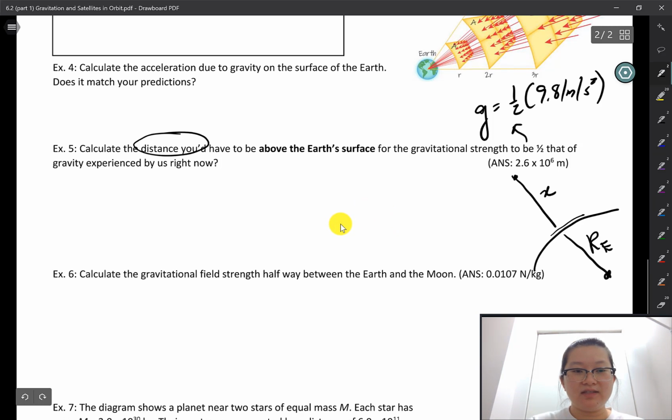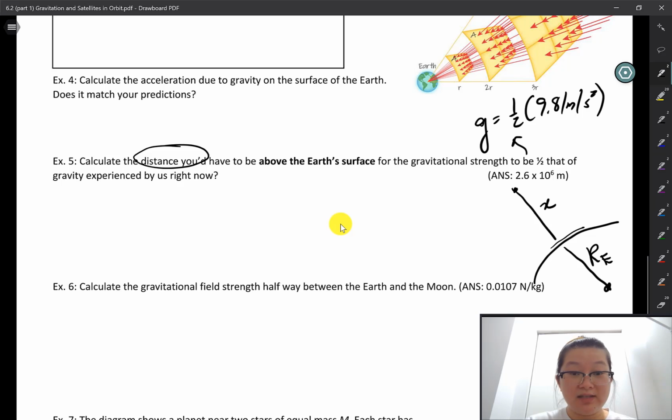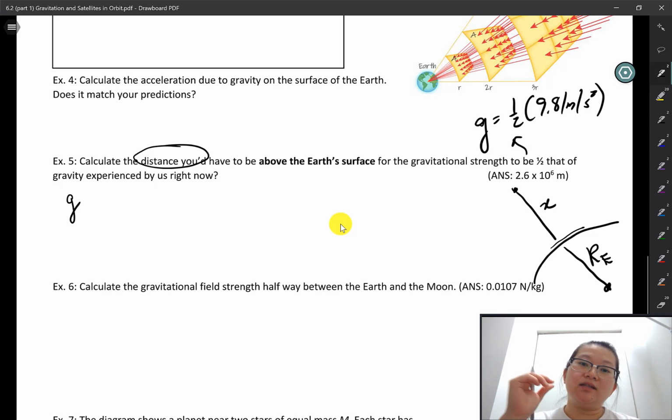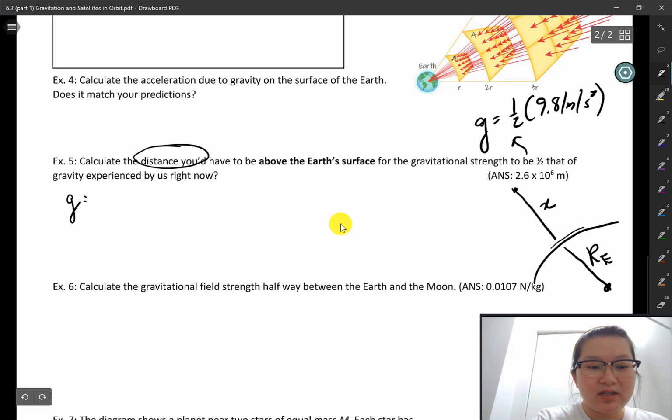This is a little bit different than the previous example we did because this is looking at gravitational field strength. Gravitational field strength is the gravitational force experienced by a unit mass of 1 kilogram. So to find the gravitational field, that is just Fg experienced by whatever mass is there, which is your little m.